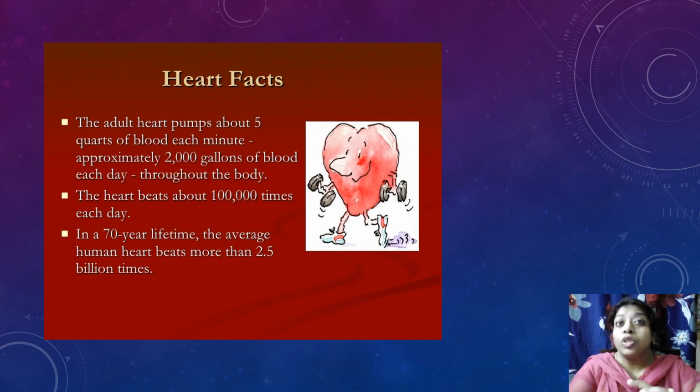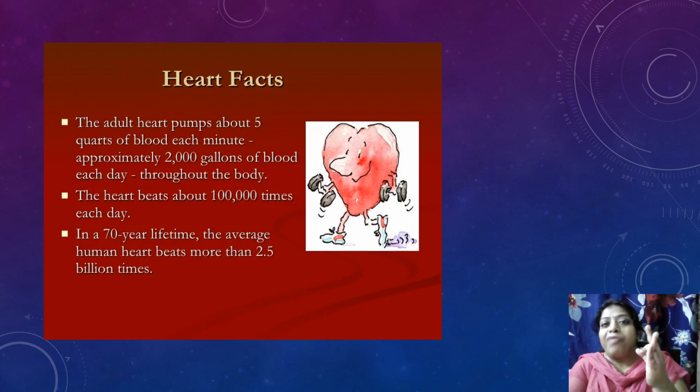And we also saw the functions of the heart, the interesting facts, and how each valve functions.